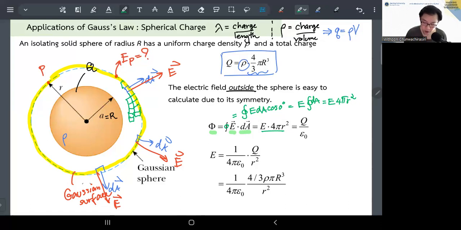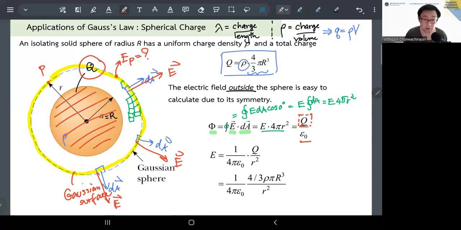And then you equate it to the right-hand side, the charge enclosed inside this sphere divided by epsilon naught. How much charge is inside this Gaussian surface? The whole ball is in here, so the total amount of charge Q is included. You plug in the Q here, and you're done.